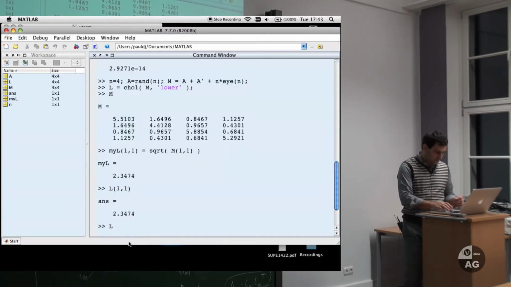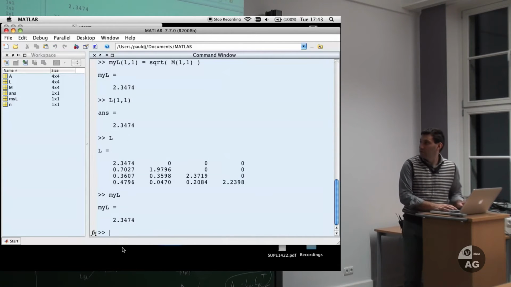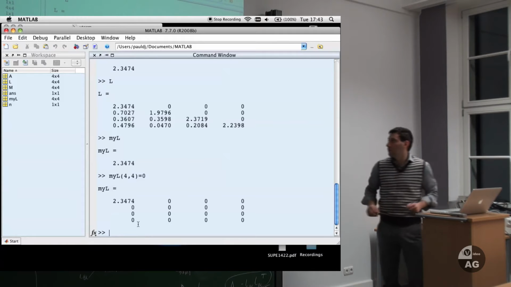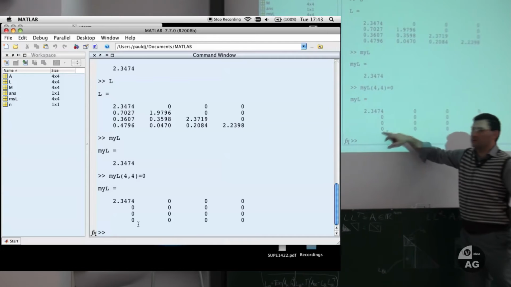So L for now, oh no, my L is a little bit small. Let me expand my L. Okay, now we have to fill these three guys down here.